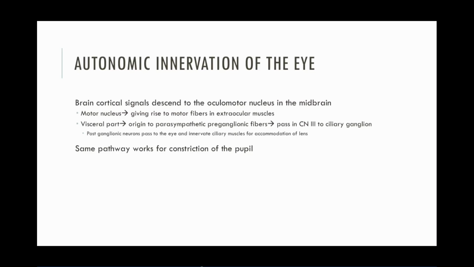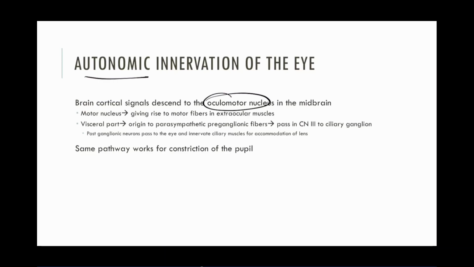Now, autonomic innervation of the eye. Okay, we talked about the autonomic nervous system. What are the two parts of our autonomic nervous system? Well, there's really three, but what are the two? Sympathetic, parasympathetic, and that gut brain of the enteric nervous system, which we'll talk more about when we get to GI. Okay, so the brain sends these signals to the oculomotor nucleus in the midbrain.